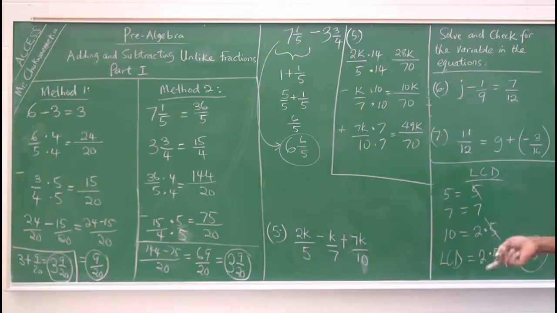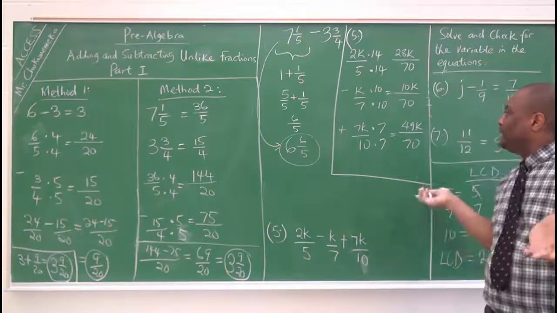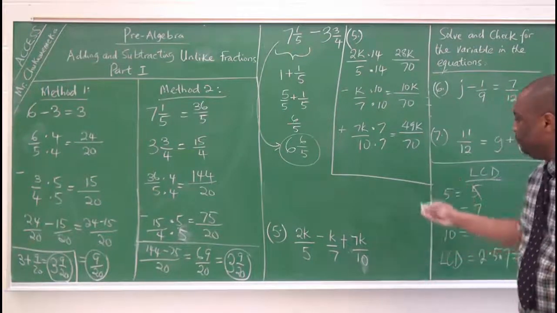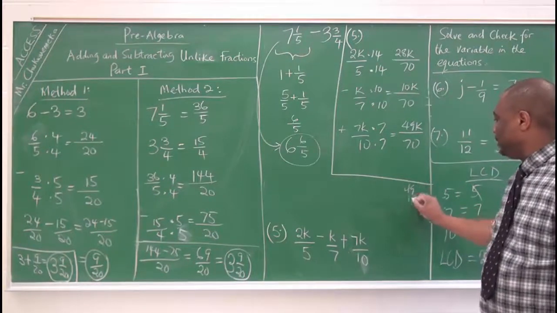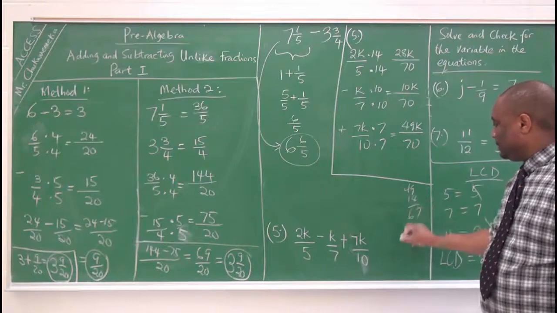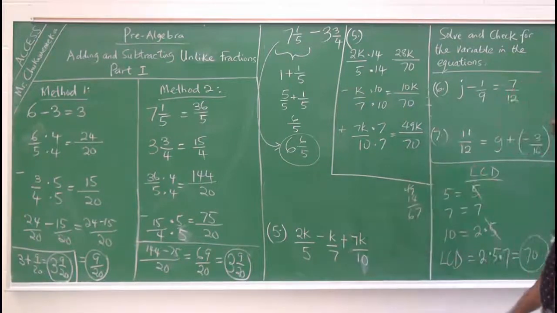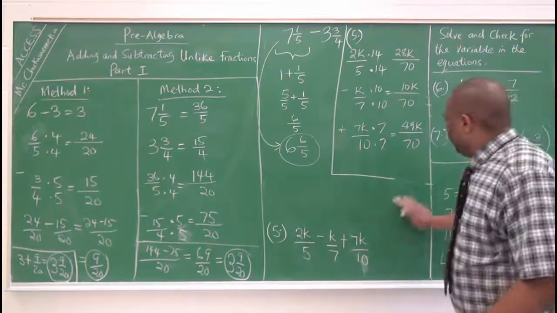So 28k minus 10k is 18k. 18k plus 49k will give us what? 49 plus 18: this is 7, and this is 6. 67k. So this is 67k over 70. Let's finish it.